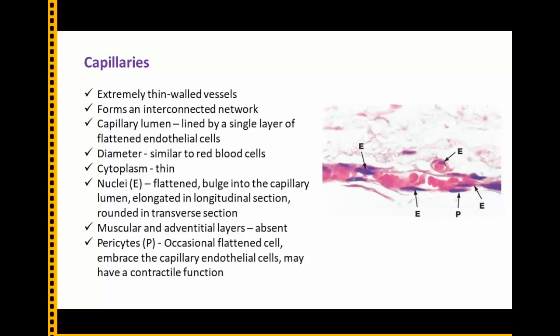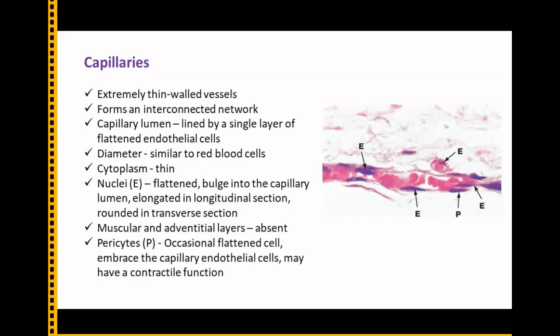The capillary lumen is lined by a single layer of endothelial cells, supported by a basement membrane. Usually the capillary lumen diameter is similar to that of a red blood cell. A red blood cell can go through a capillary, not larger than that.